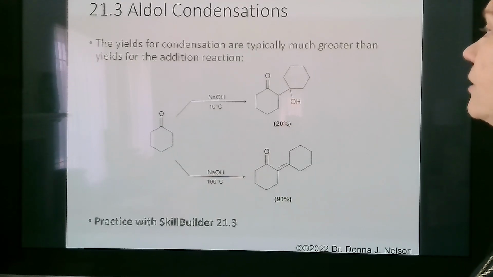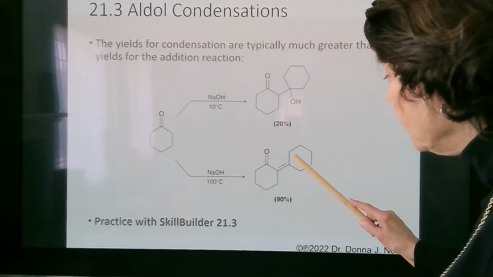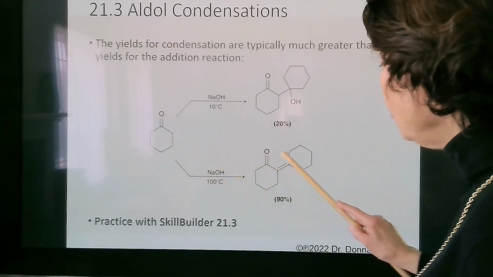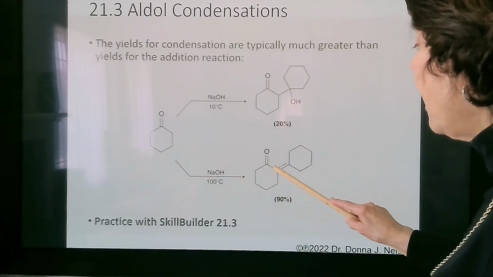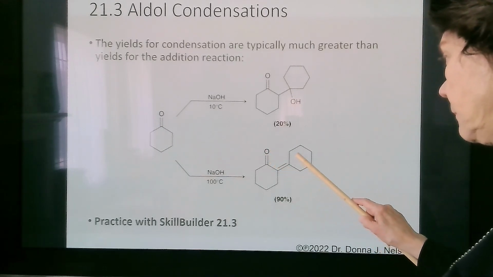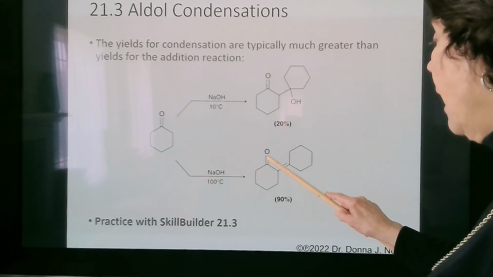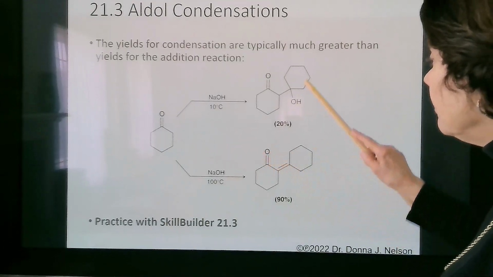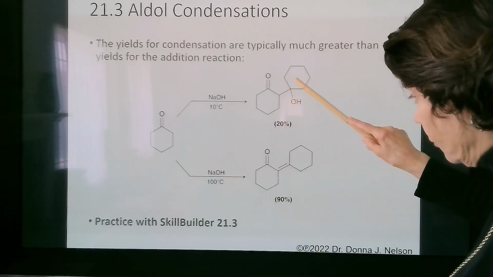Yields for the condensation are typically greater than yields for the addition reaction. So here, once again, you get the condensation, and this is a ketone. You get the condensation because you have the possibility of conjugation, and also this is much less sterically hindered than this.